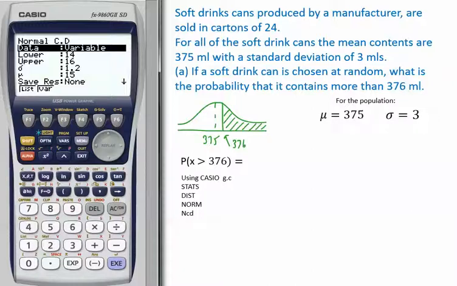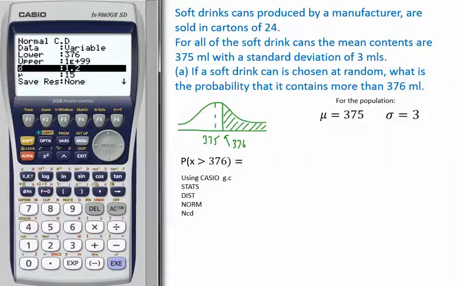We're dealing with a variable that's been chosen, that's fine. Now the lower value here is 376 and the upper value is the highest number we can put in our calculator. The standard deviation of the population is what we're talking about here, is 3. And the mean of the population is 375.